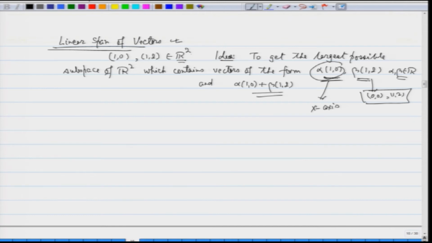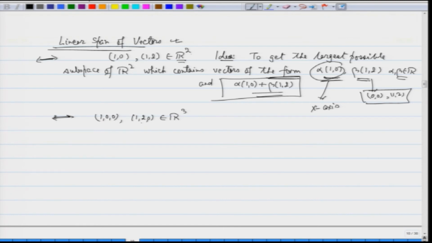I want the largest possible subspace which contains vectors of the form this. I am not saying that I want the biggest; I want only those vectors which have this form. That is very, very important. This is one way to think of it. The other way to think of it is that in place of 2, let me take 3 of them, (1, 0, 0), and (0, 1, 0) in R³, or let me take the previous one itself, (1, 2, 0).